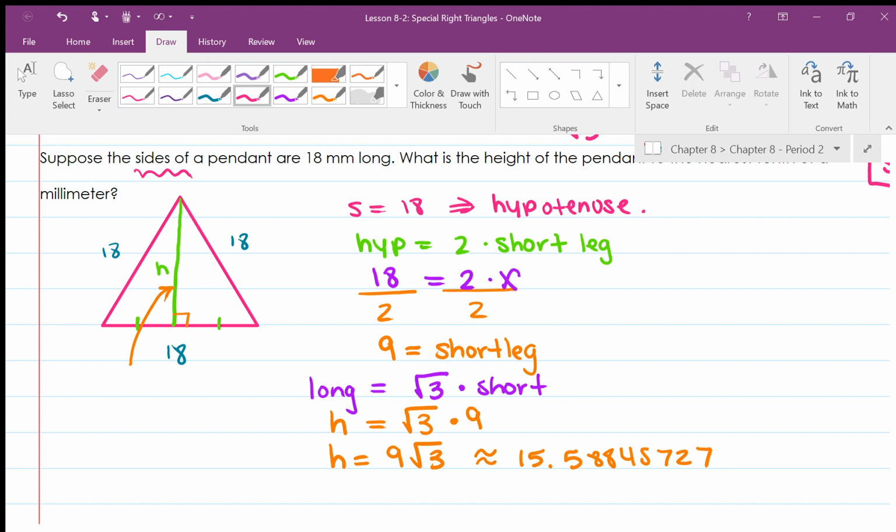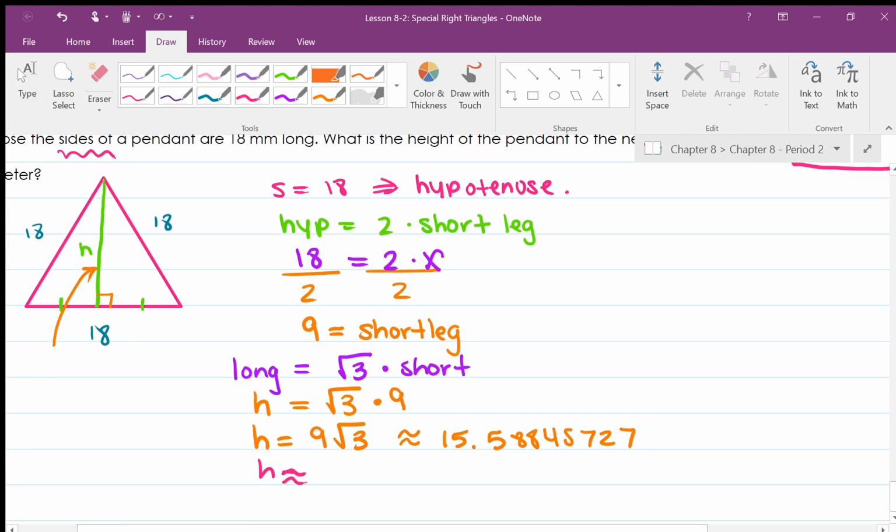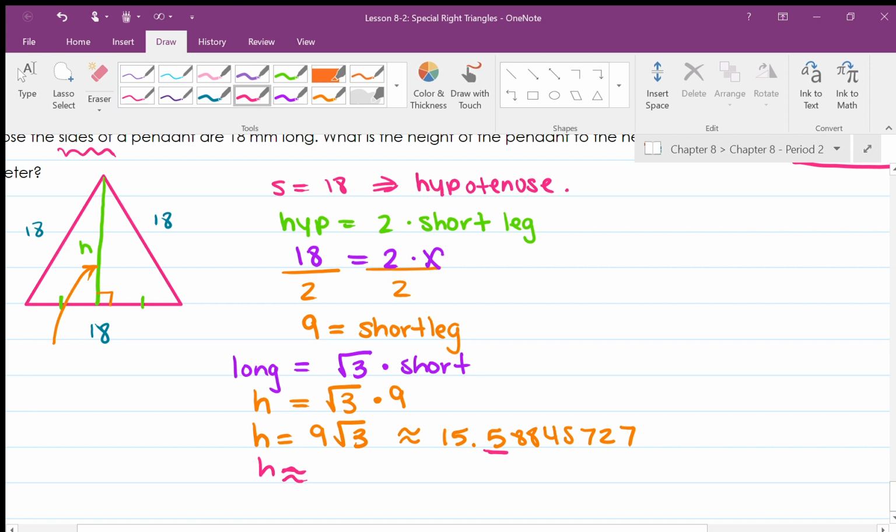When you round to the nearest 10th of a millimeter, which would be this place, you're going to get approximately 15.6.